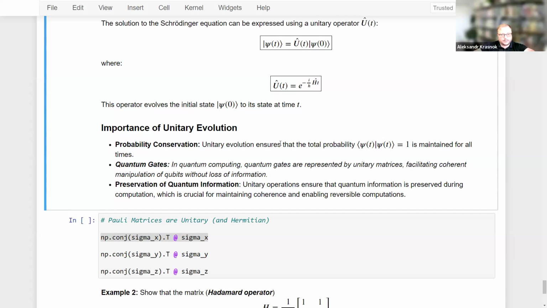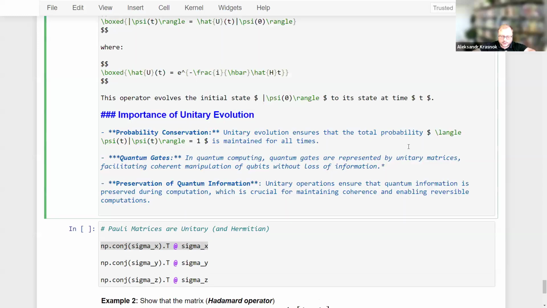Importance of unitary operators, something that I already said: unitary operators are time reversible. They also keep the probabilities unchanged.